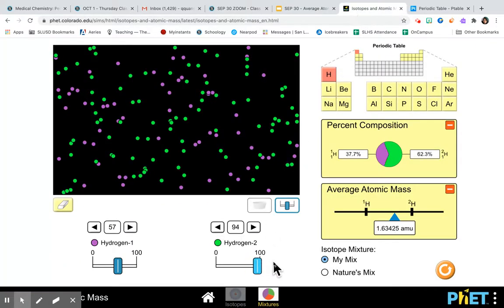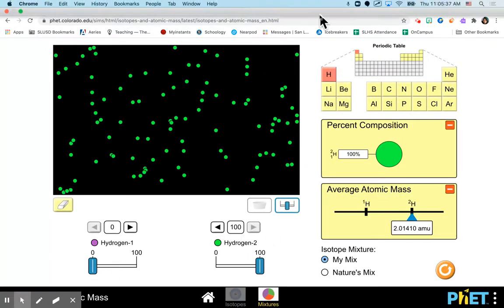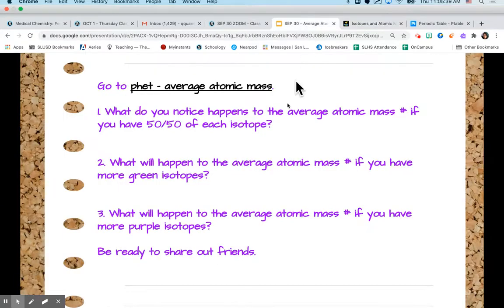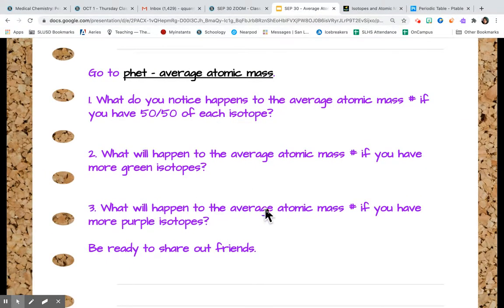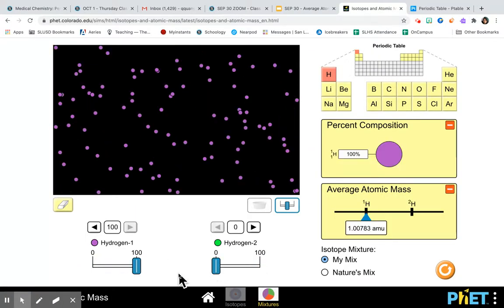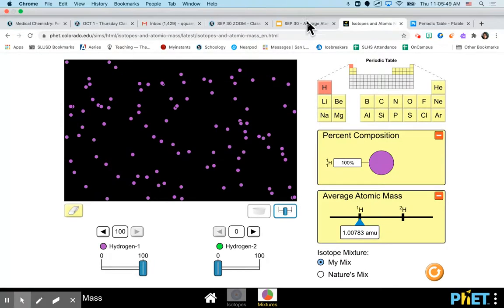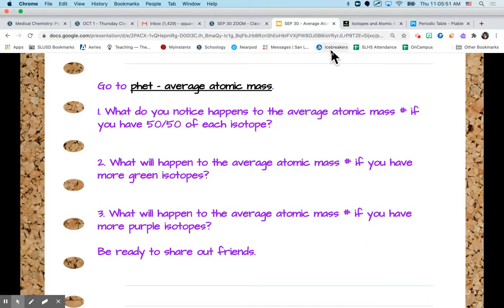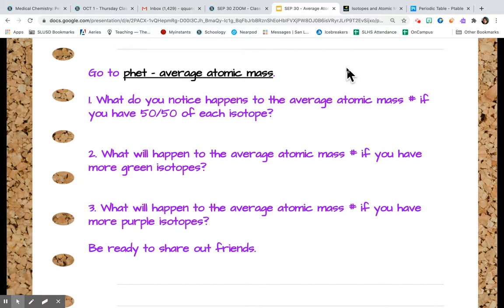So what if you have tons of green isotopes, not a lot of purple ones? And thirdly, what will happen to the average atomic mass if you have more purple isotopes? So the reverse of this, what do you notice? Feel free to pause the video, and then I'm going to go over what happens next.